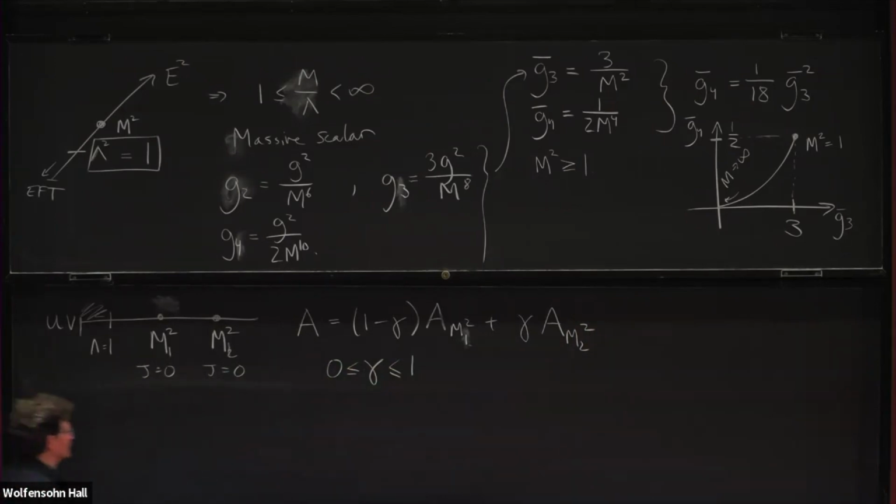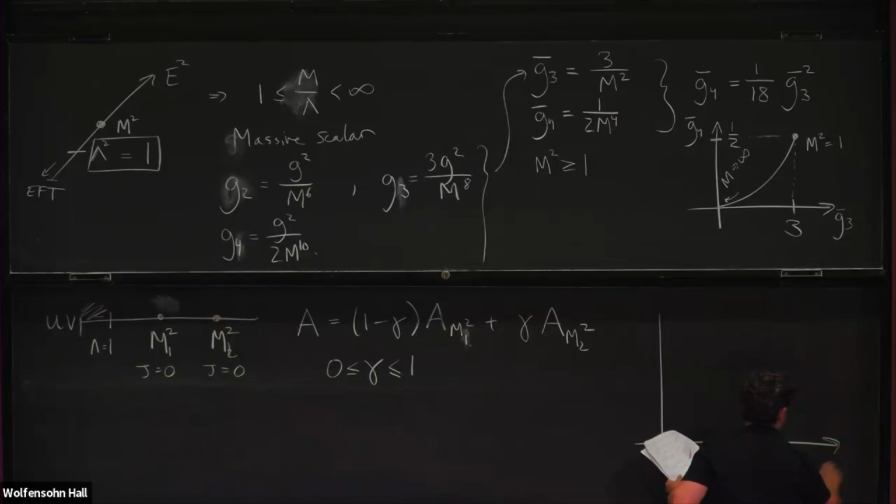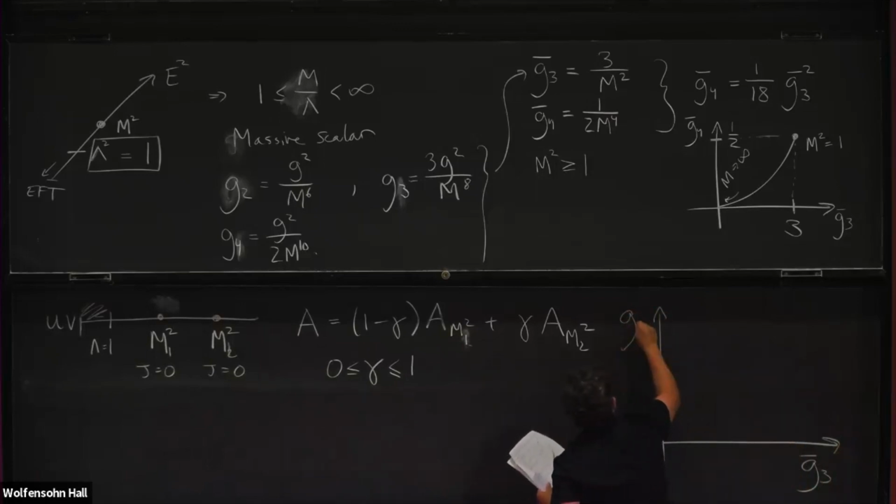Now, if I do that, then I can ask, as a function of m1 and m2, what do I get as I vary gamma? And so now I'm going to go back to my coupling space. This is G3 bar. This is G4 bar.